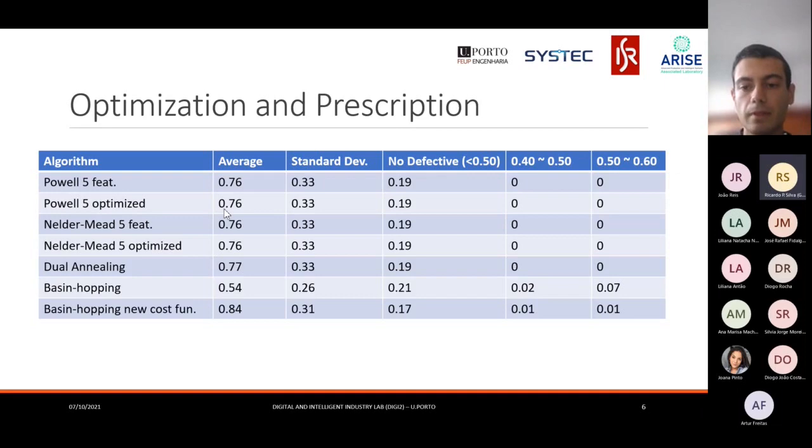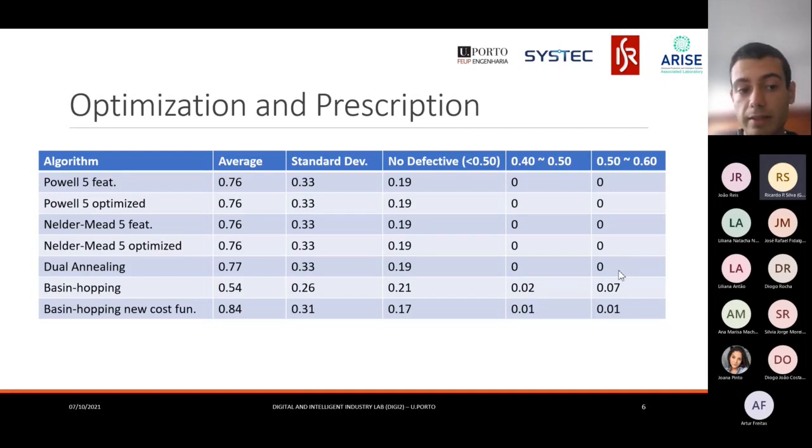So this strategy did not alter any metrics at all, either the average, standard deviation, or the percentage of defective and non-defective samples. This occurred either because there was no local minimum, or this strategy was not enough to escape from it.